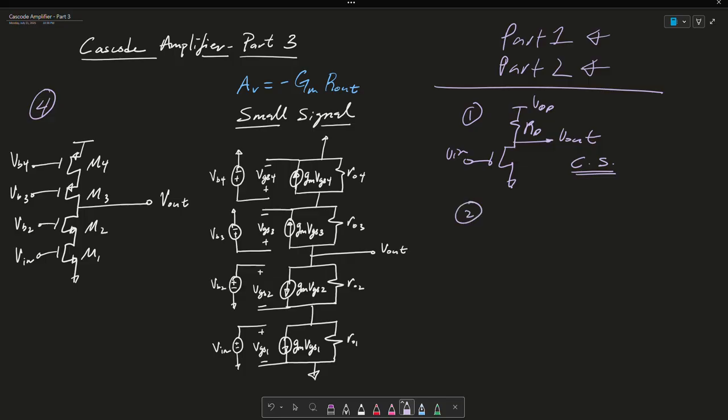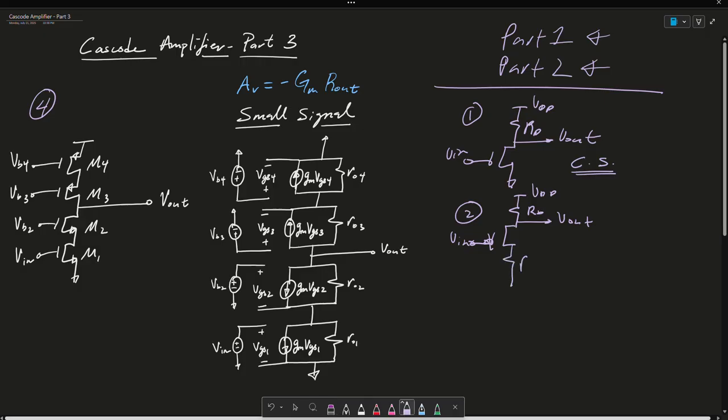The second progression is this common source, where this is V in, this is V out, this is RD, VDD, and we attach an RS at the bottom here. This is what we consider a common source with source degeneration. Again, I've done a video on this, link in the description below.